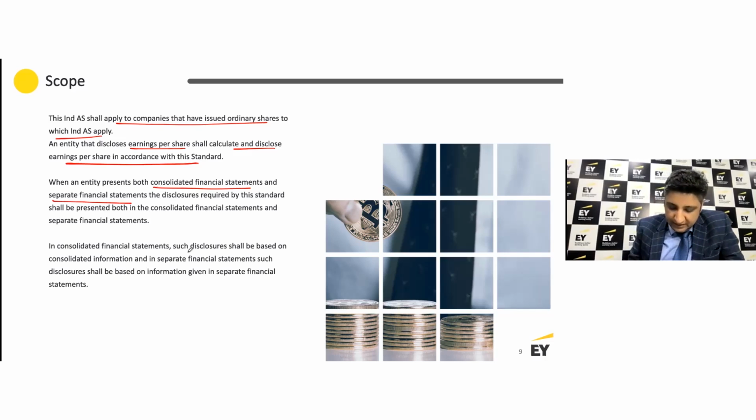Needless to mention, the relevant disclosure shall be based on the group financial statements at a group level, and in the standalone financial statements for those standalone disclosures. So that's how you start looking at the assessment of the disclosures part as well. So both the determination, that is the measurement, as well as the disclosure requirements would apply at the standalone as well as the consolidated financial statements perspective, right?